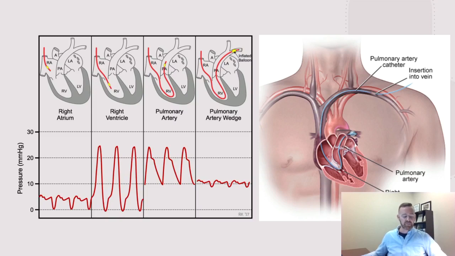Also, these catheters can measure oxygen saturation moving through the venous system. They can measure a CVP. You can measure cardiac output, usually by what's called a thermodilution technique.